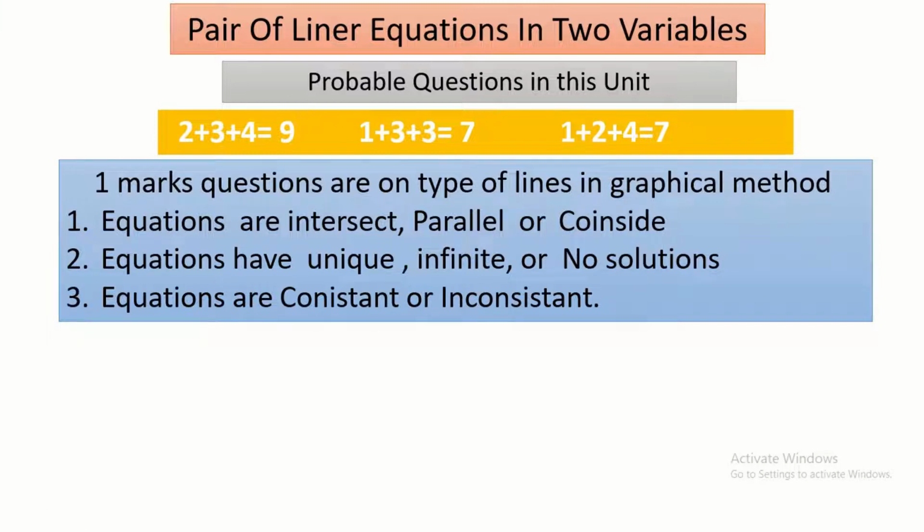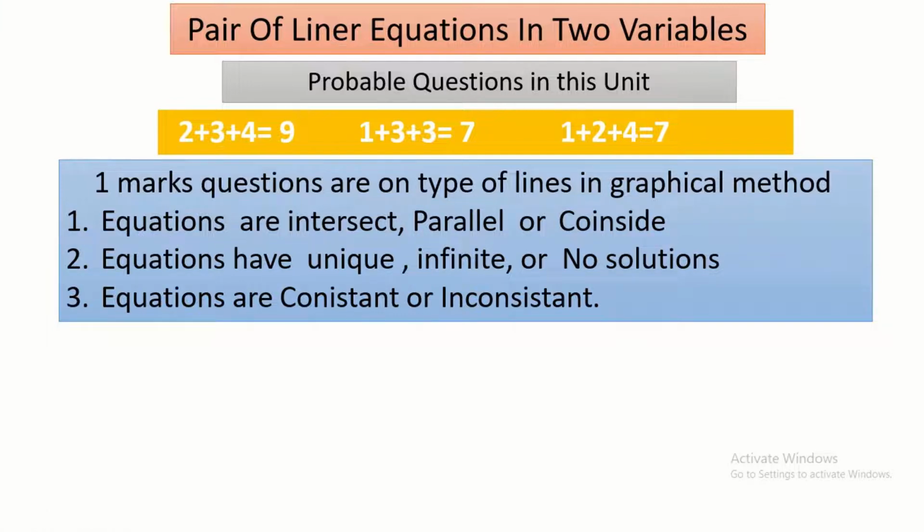Here you observe how many types of questions are in 1 mark questions. So 1 mark questions may be asked on the basis of the graphical method of the pair of linear equations. That is, whether the equations intersect each other.